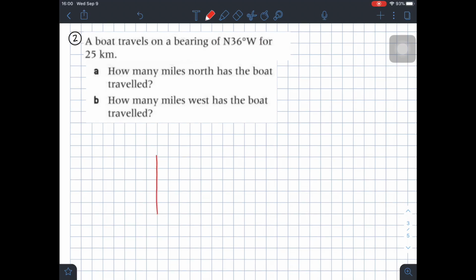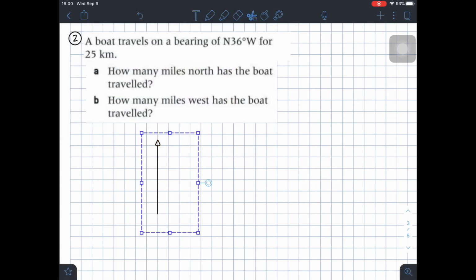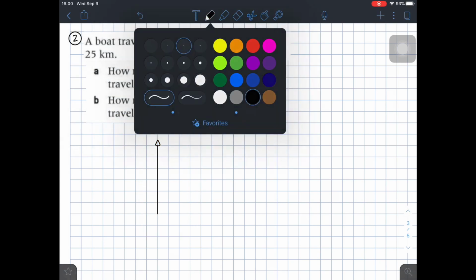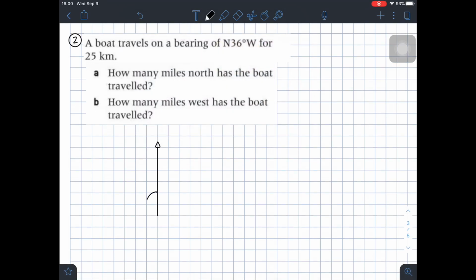So north, and from this direction we go, let me do this in black, 36 degrees west, right? So 36 degrees, and maybe somewhere around here we would have our final direction.